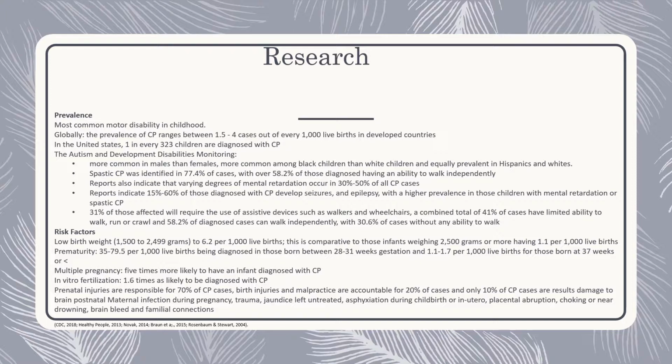Maternal infection during pregnancy, trauma, jaundice that's left untreated, asphyxiation during childbirth or in utero, placental abruption, choking, near drowning, and brain bleeds are all identified as CP risk factors.